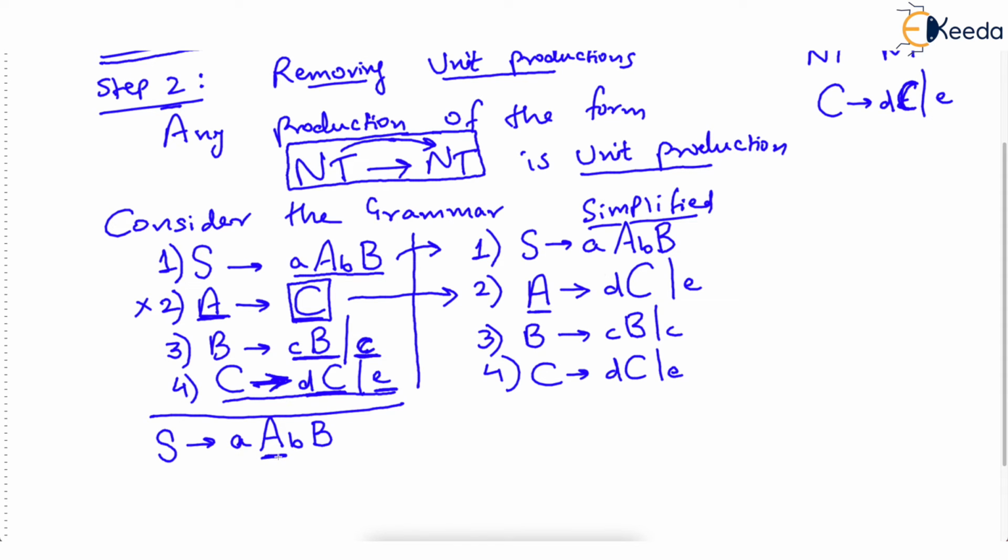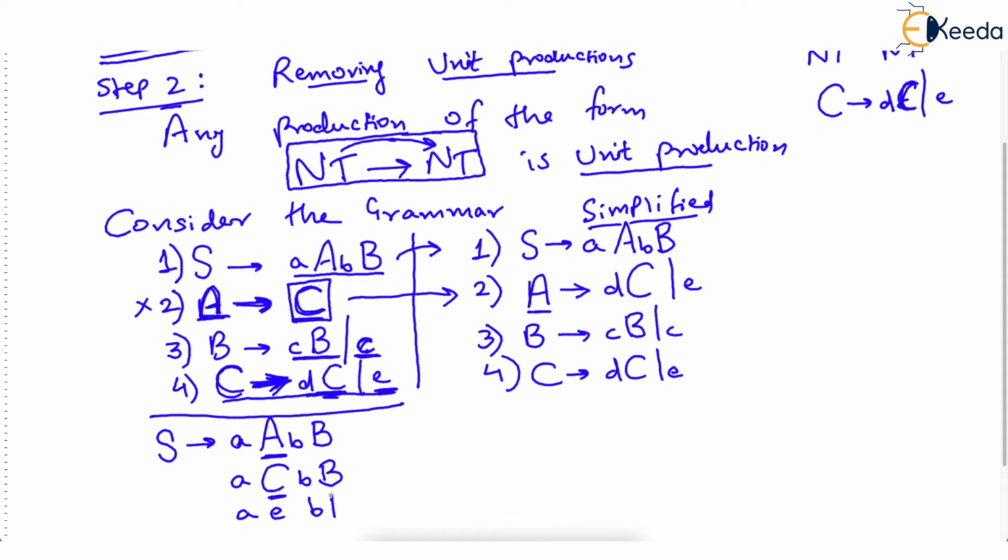This is a non-terminal. Note, A can be replaced with capital C. So in the next step, there is only one option, isn't it? A is replaced with capital C. Now what can you replace C with? In the next step, you see that C can either be replaced with dC or e. Let's replace C with e.